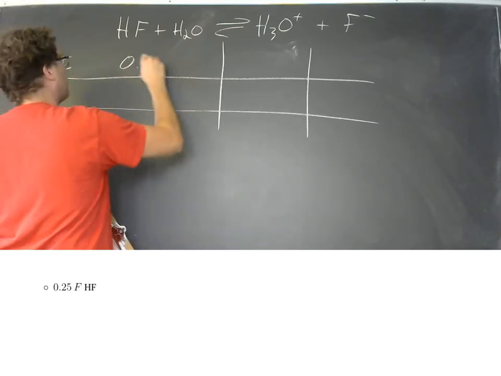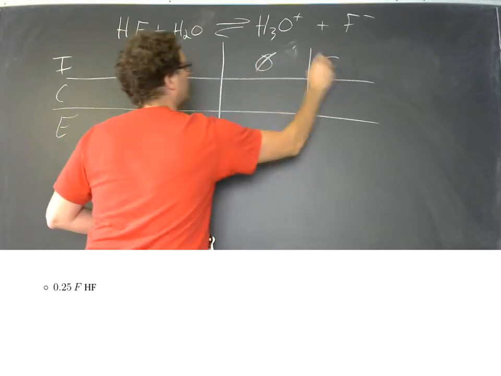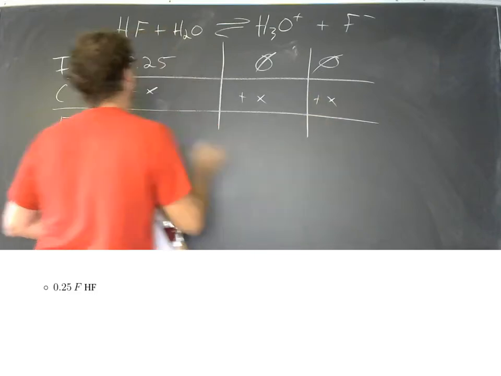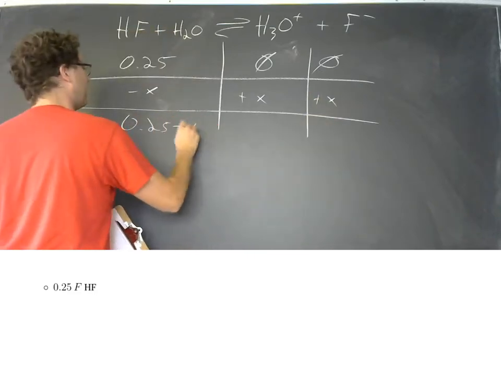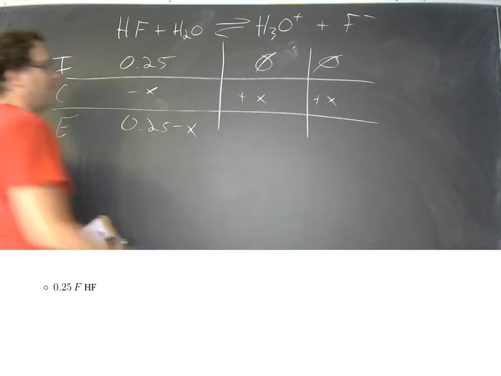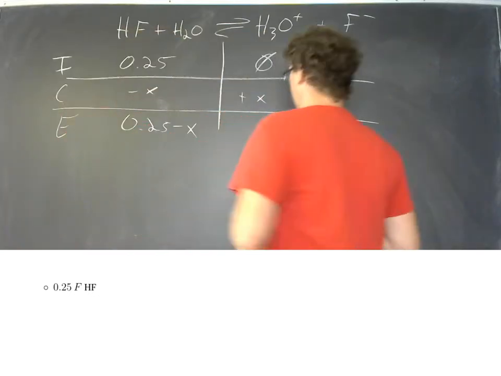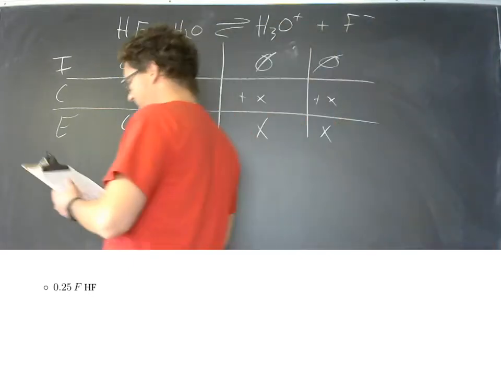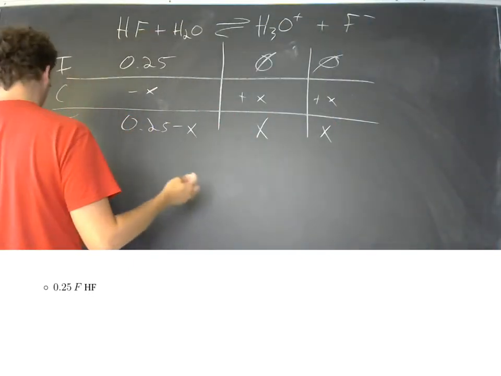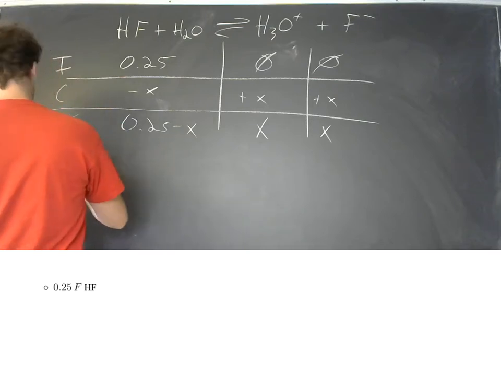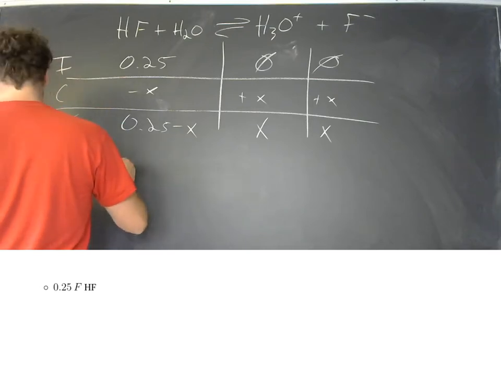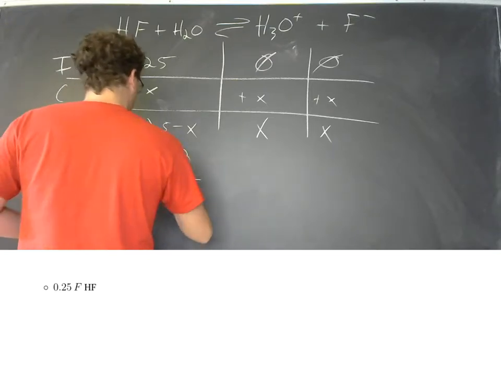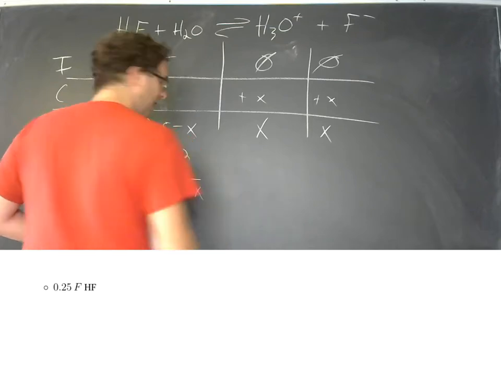So 0.25, 0 and 0, minus x plus x plus x. 0.25 minus x is the equilibrium concentration of HF. And then x is the equilibrium concentration of both H3O plus and F minus. We'll look up the Ka value for HF, and it's 6.6 times 10 to the negative fourth. That should equal x squared over 0.25 minus x.